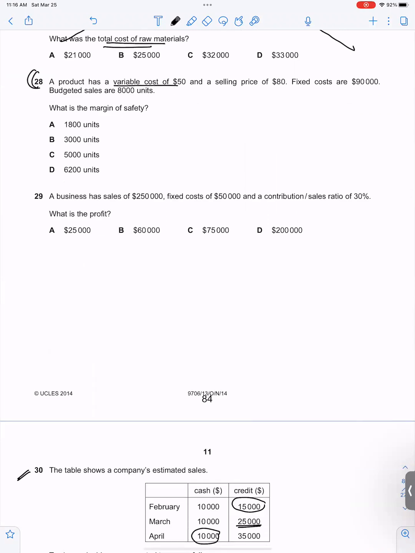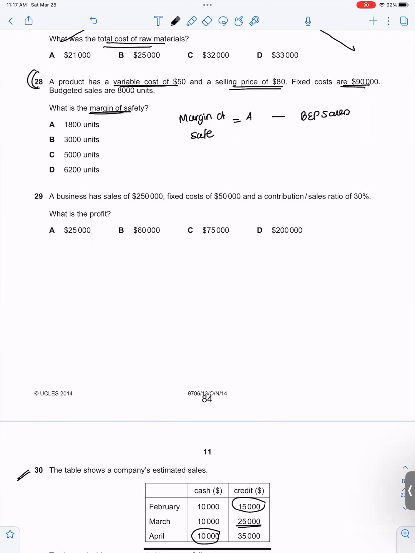Question 28. Variable cost is 50 and selling price is 80, fixed cost is given as 90,000 and budgeted sales is 8,000 units. So you'll find the contribution: selling price 80 minus 50. Formula of margin of safety: actual minus break-even point sales.